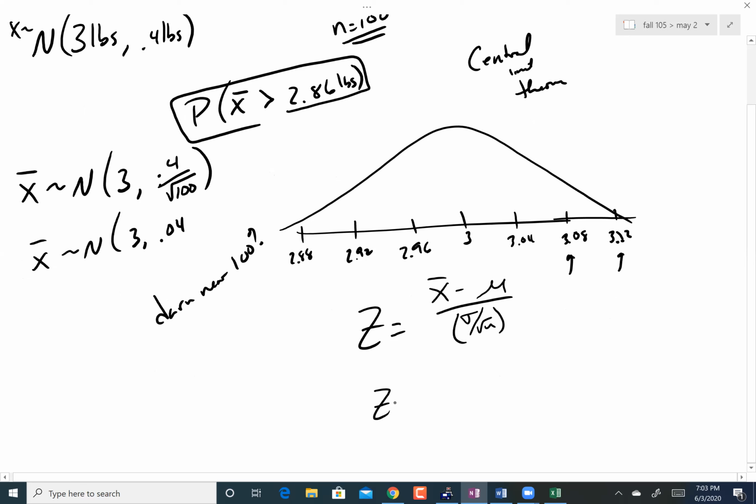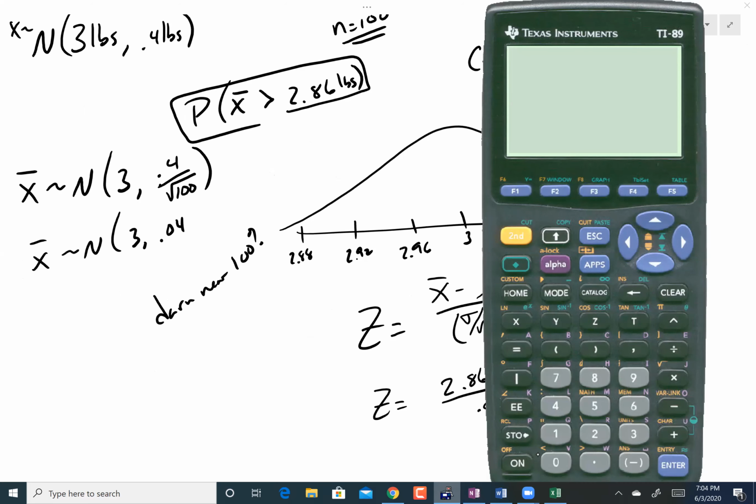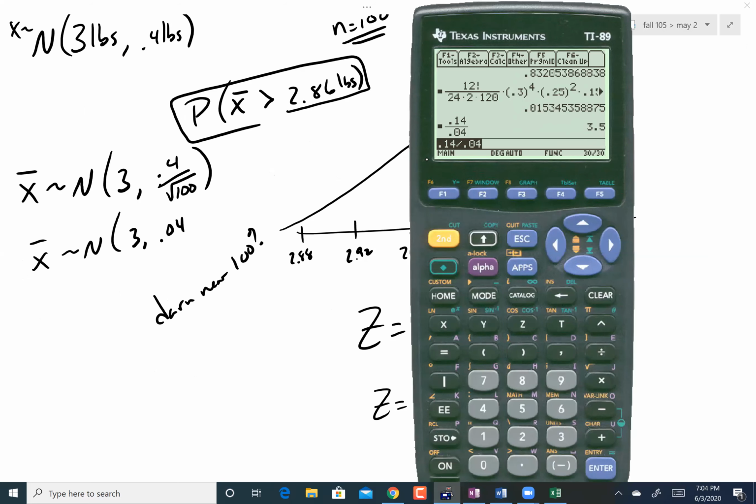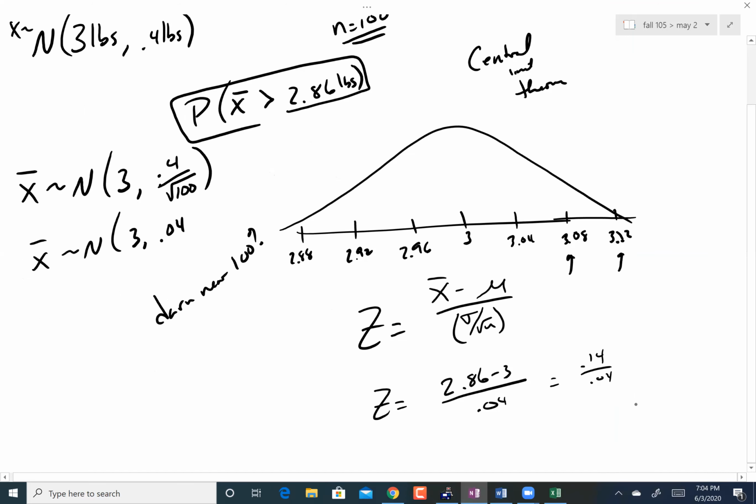So for us, it's going to be 2.86 minus 3 divided by 0.04, which is 0.14 divided by 0.04, which is 3 point something. And of course, that should have been negative. You with me? Should have been negative 3.5.